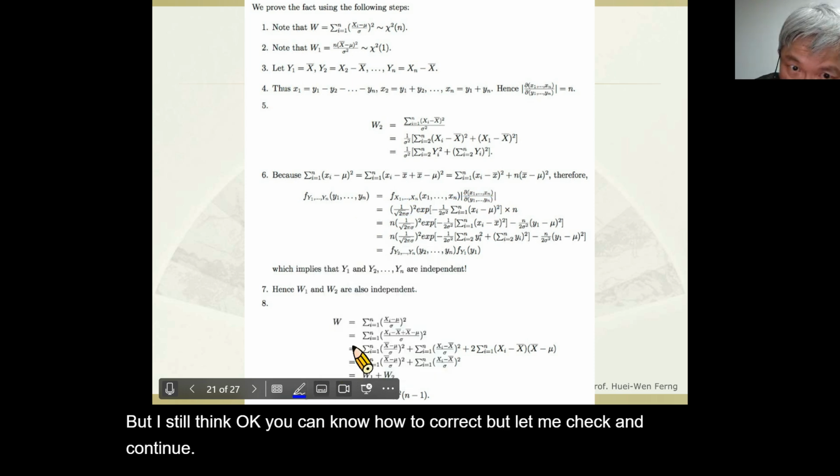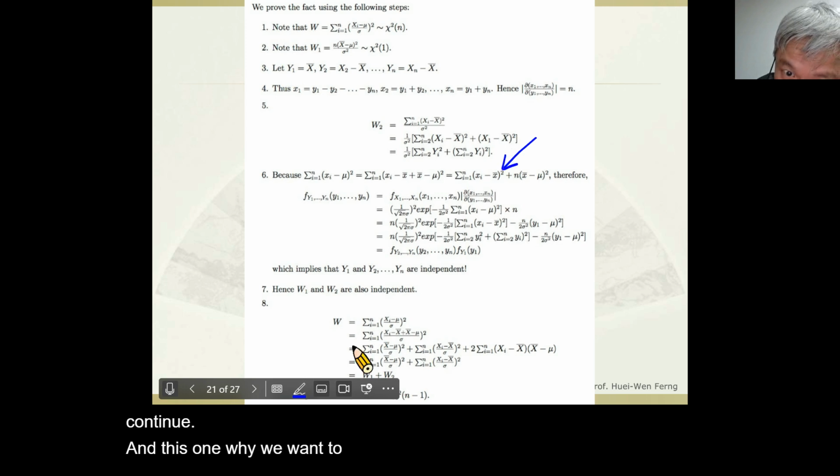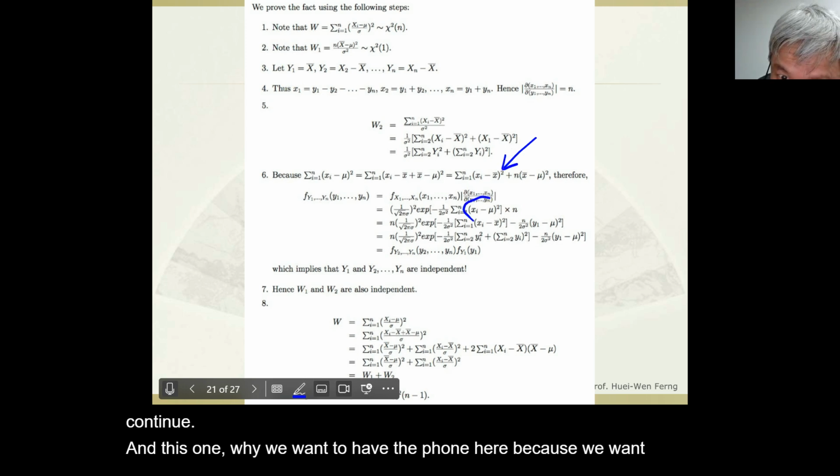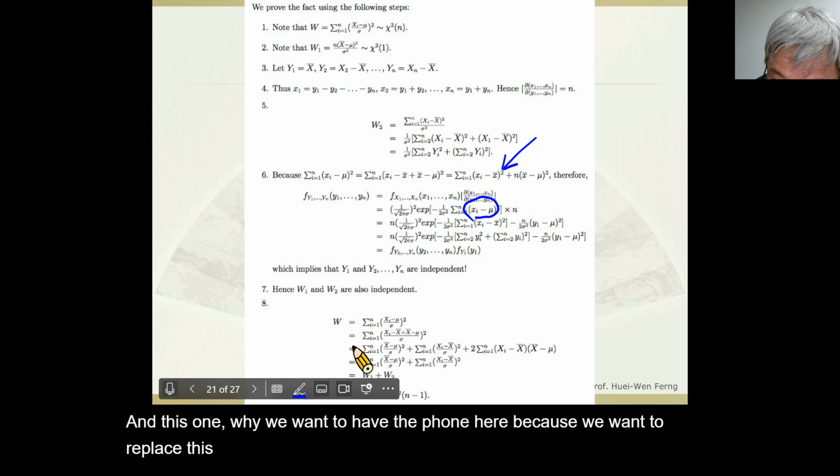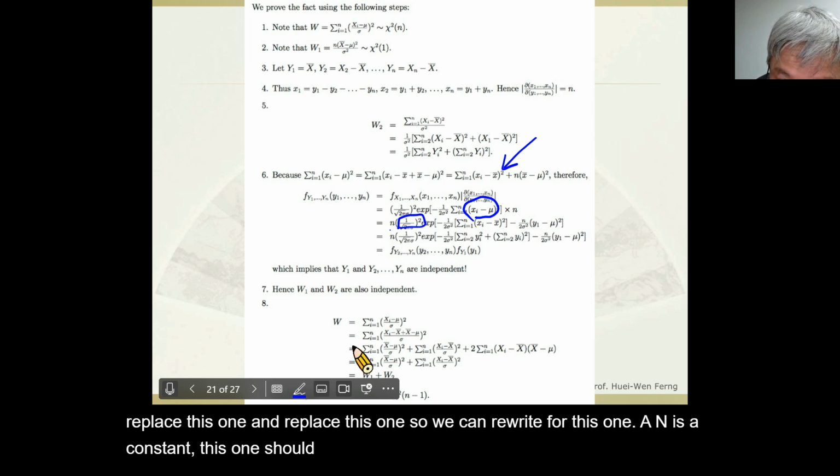Why do we want to have the form here? Because we want to replace this one, and replace this one, so we can rewrite. For this one, n is a constant. This one should be corrected, but I skip that one. Focus on this.